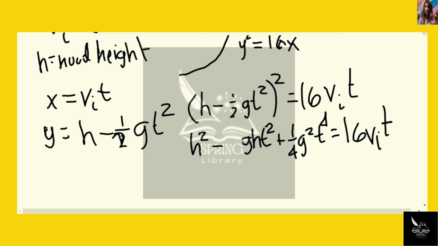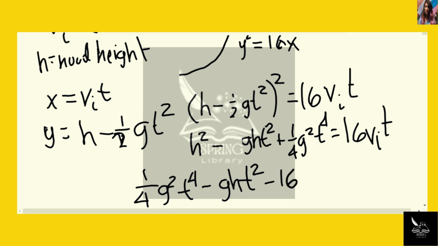Here's what I would do. I would write this as 1/4 g squared t to the 4th power minus g h t squared minus 16 vi t plus h squared equals 0.